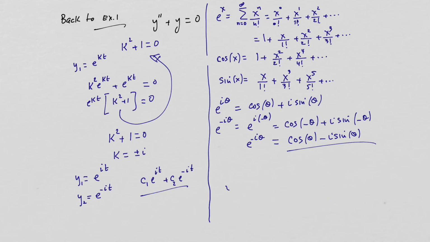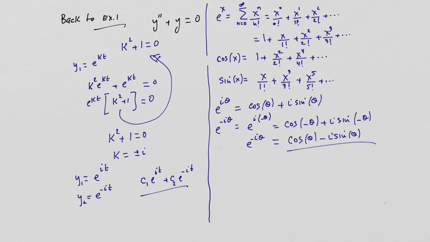Now, so we're going to go back. So let's see where we are right now. We learned that y1 equals e to the it was a solution. We also learned that y2 is e to the negative it. That was a solution, and it is here, in case you forgot. Okay?